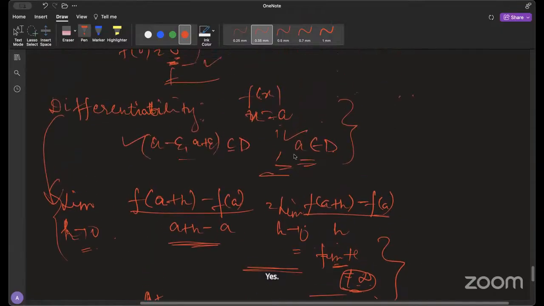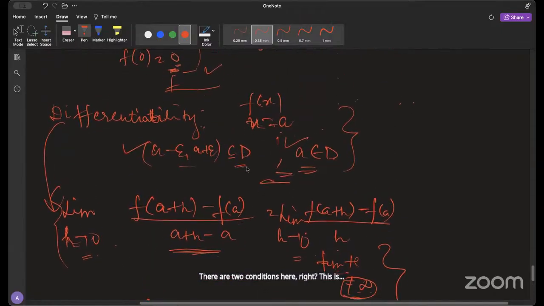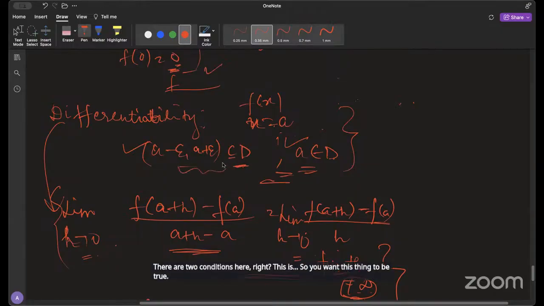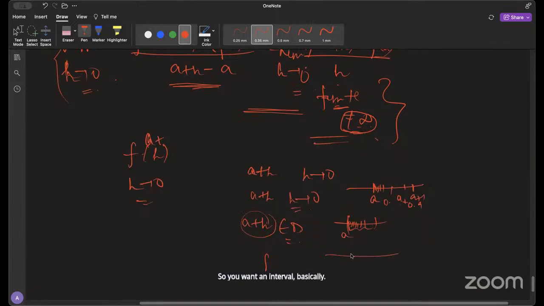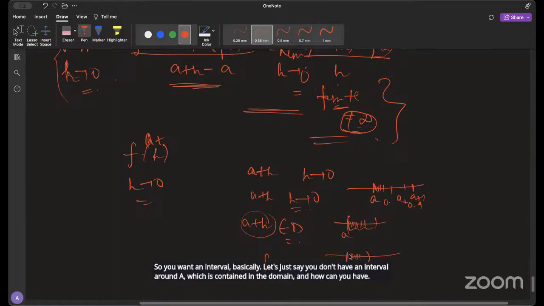There are two conditions here, right? You want this thing to be true. So you want an interval basically. Let's say you don't have an interval around a which is contained in the domain. How can you have this thing in the domain? It's not possible, right?